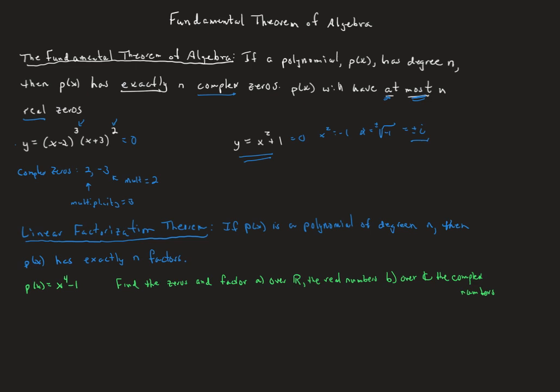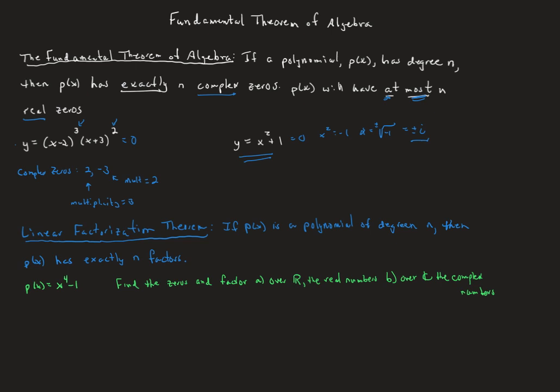So the linear factorization theorem says that if a polynomial p of x has degree n, then it has exactly n factors. So that's piggybacking on what we did with the fundamental theorem of algebra. Anything that is a 0, then x minus that will be a factor.